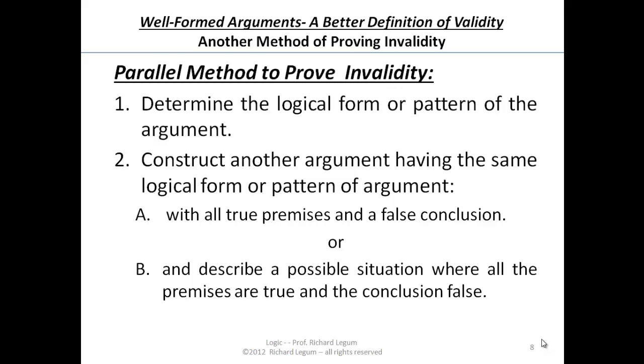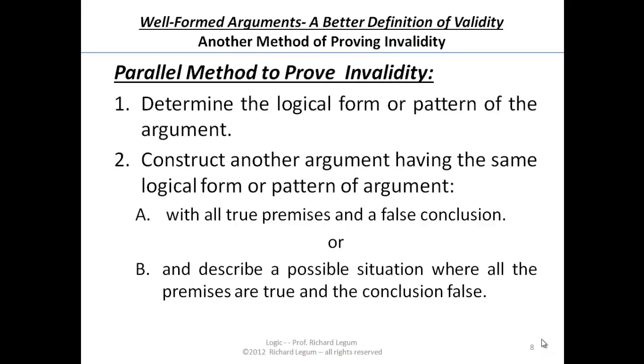So by having a parallel argument, an inference that uses the same sort of rules of logic, if you know that the patterns followed in one case are bad rules, you know that this one is bad also. And this is just the definition that's suggested by our example.